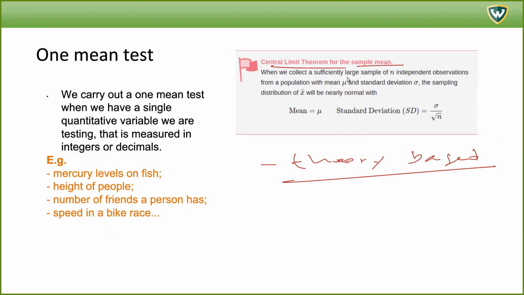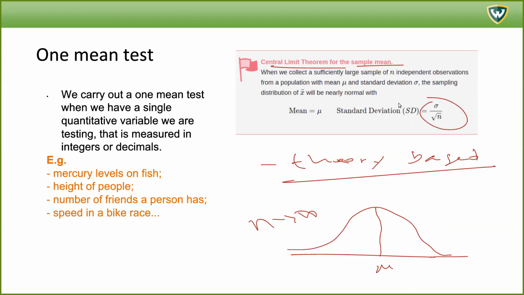So when we collect a sufficiently large sample of n independent observations from a population with mean mu and standard deviation, the sampling distribution of x bar will be nearly normal, with mean equal to mu. That's just to say that as n goes up, as n approaches infinity, we're going to have a normal distribution, and the mean is going to be mu, and then a standard deviation by this formula here.